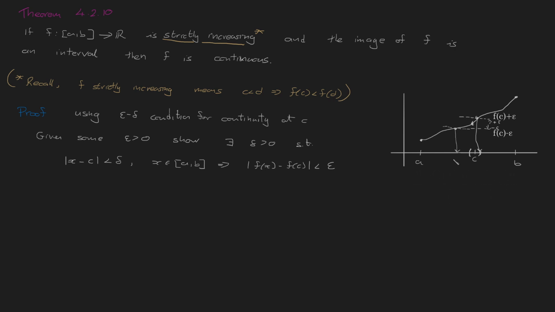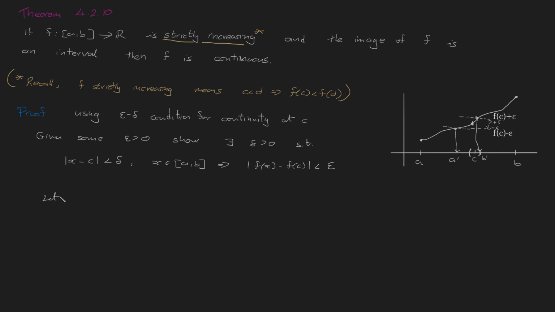So let me make that precise. I want to take a lower value, I'll call it a prime, and an upper value, which I'll call b prime, and then I'll take the smallest distance, either the absolute value of c minus a prime or b prime minus c, as my delta.